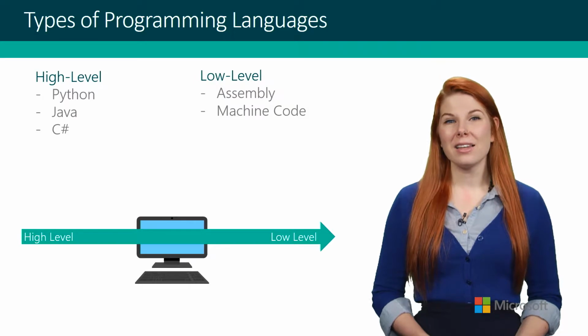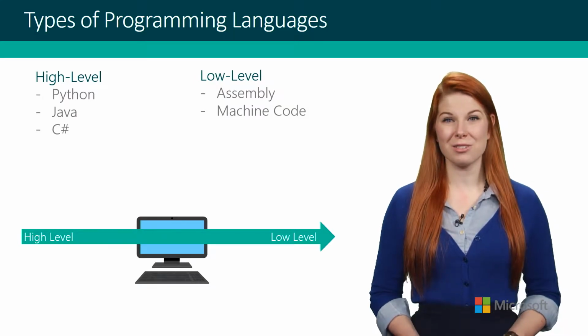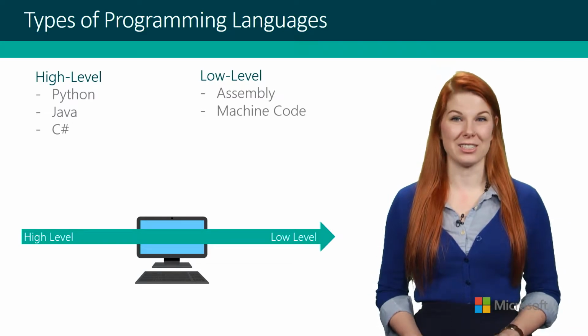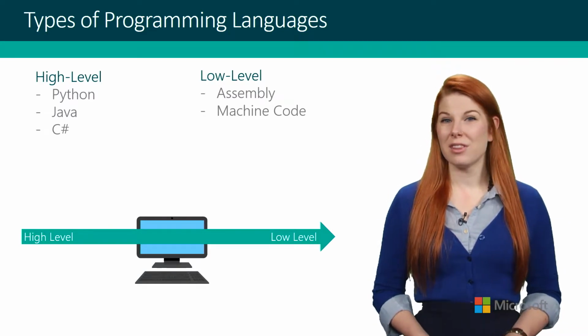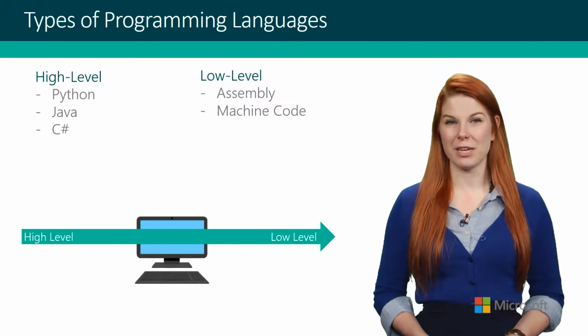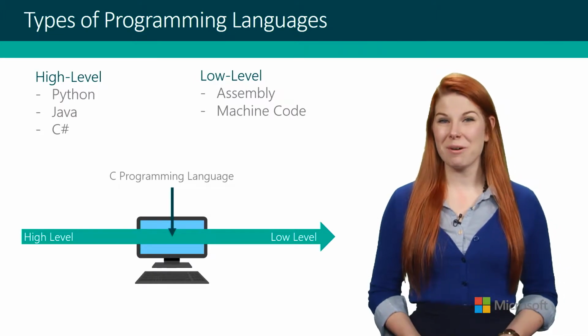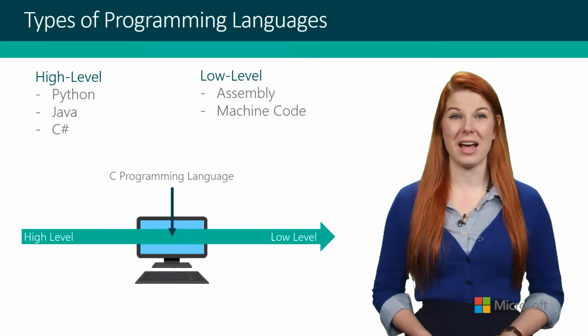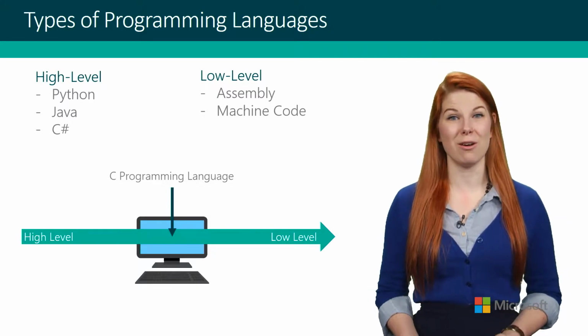In fact, high-level and low-level aren't really categories, they're sort of a spectrum. How far away from the computer do they actually sit? Well, if you can think of this as a continuous spectrum, the C programming language sits right here in the middle, straddling both, meaning it has a lot of high-level as well as low-level properties.